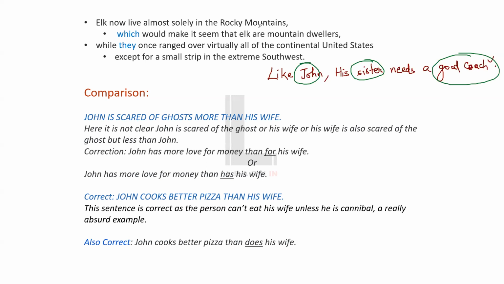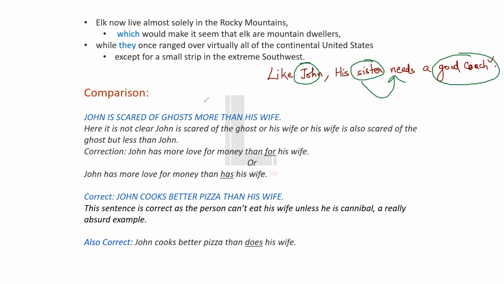What is this sentence saying? So this sentence says that like John, his sister needs a good coach. The other, intended meaning that John is a good coach would not have been conveyed.